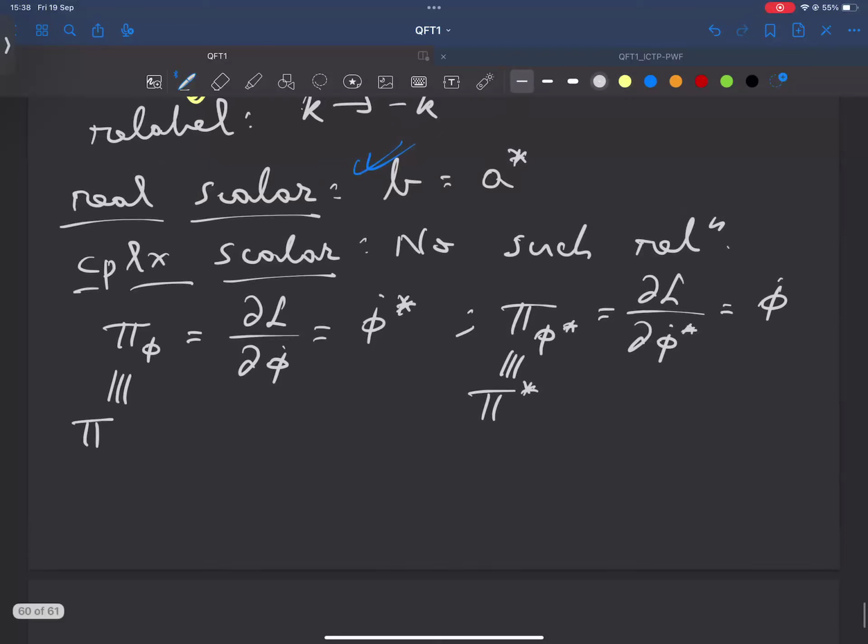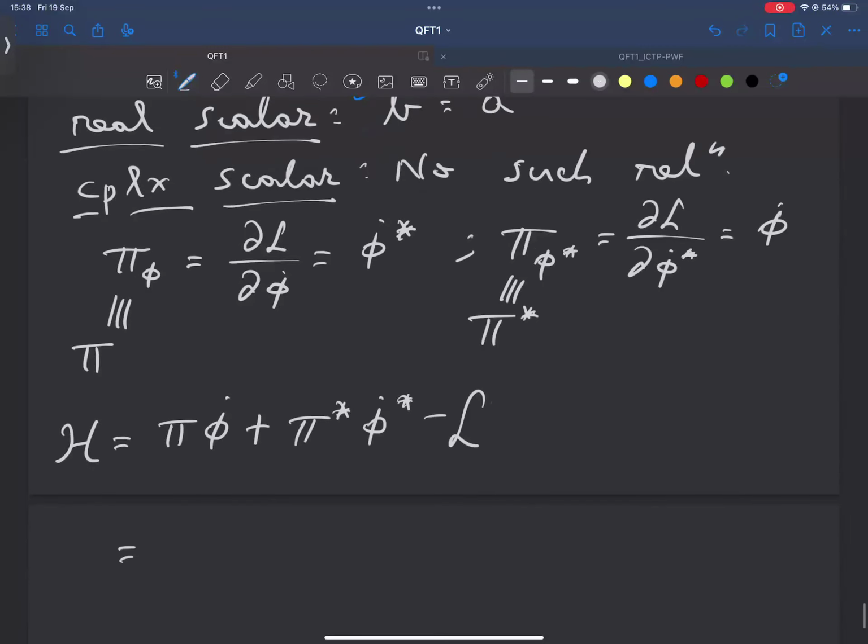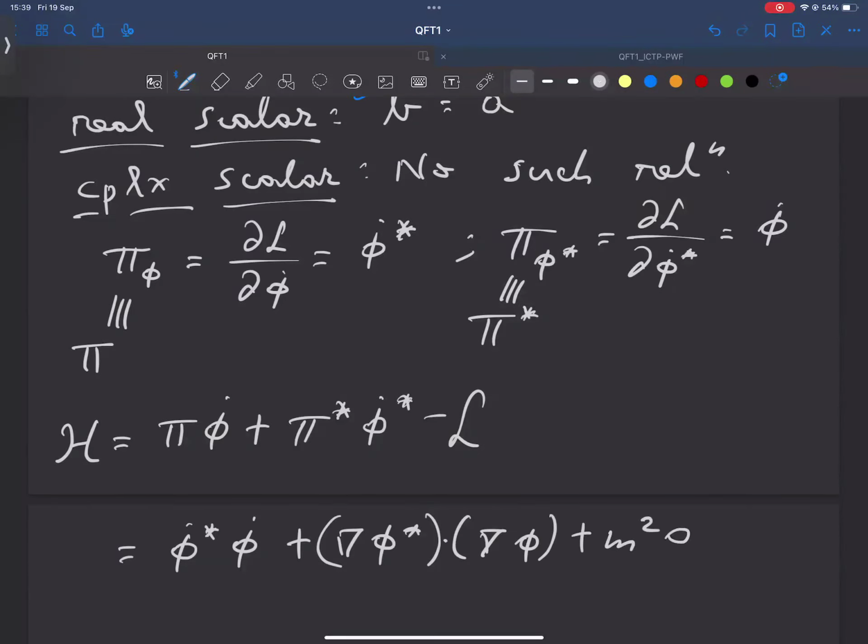Now with this, we can write down the Hamiltonian, which will be pi phi dot plus pi star phi star dot minus L, the Legendre transform of the Lagrangian. So this will turn out to be this quantity: del phi star del phi plus m square phi star phi, okay?